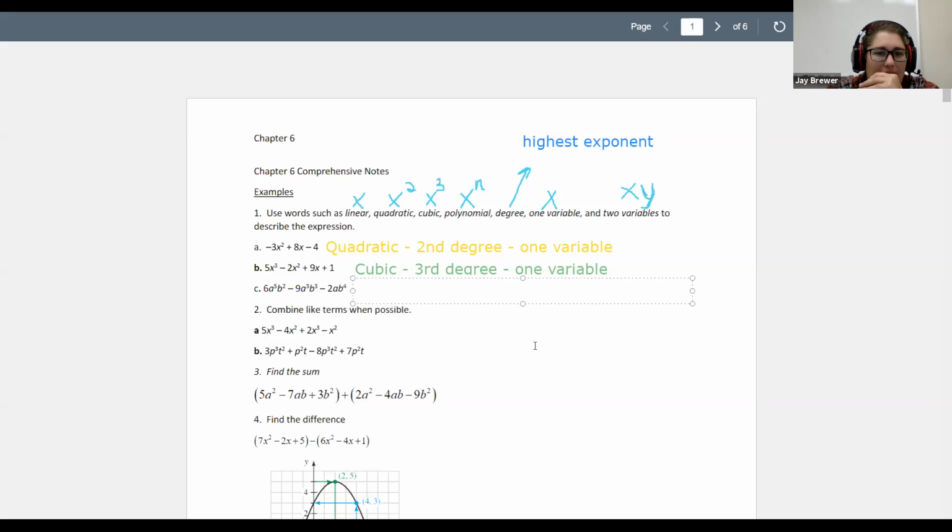It's 6a to the 5th b squared minus 9a cubed b cubed minus a b to the 4th. It would be a 2-variable polynomial, right? It is both of those things.